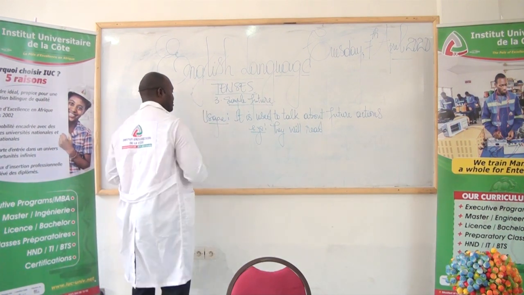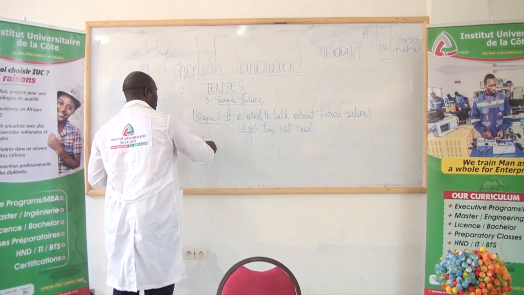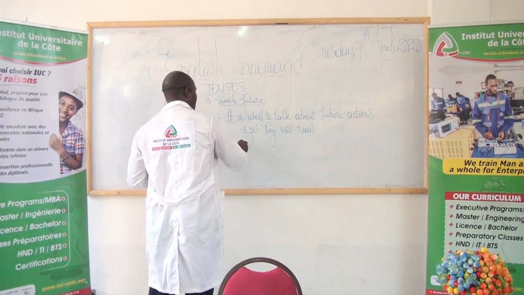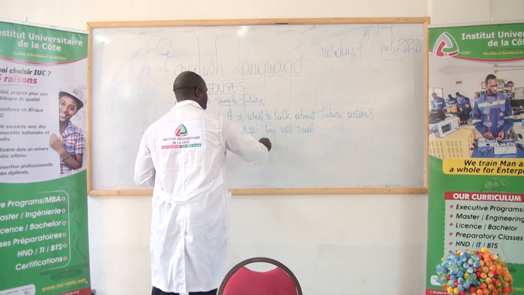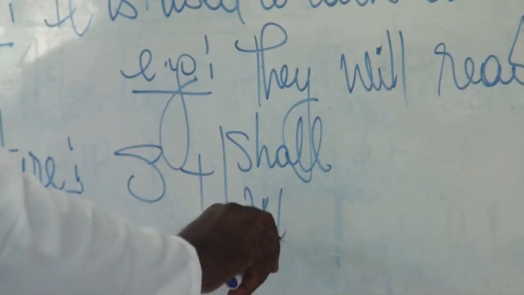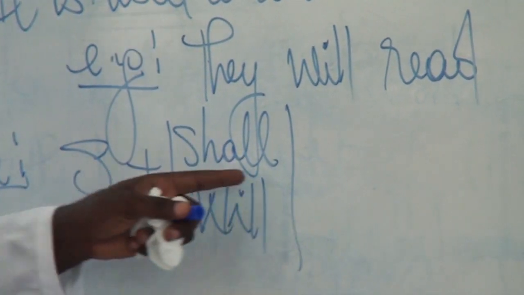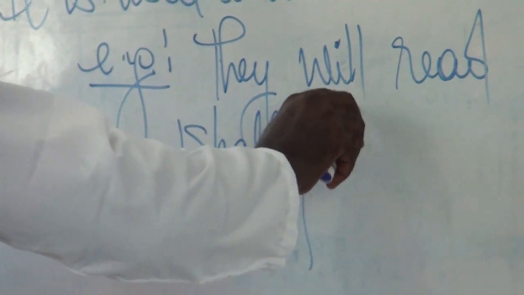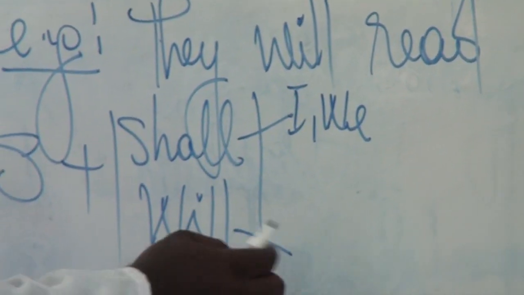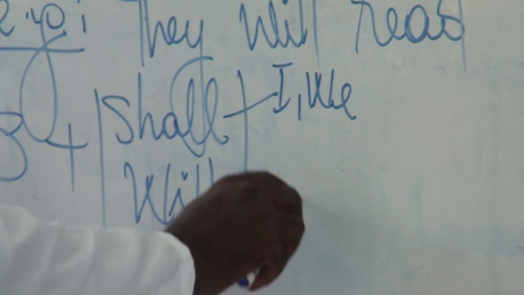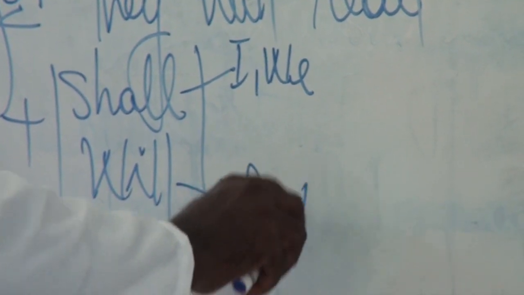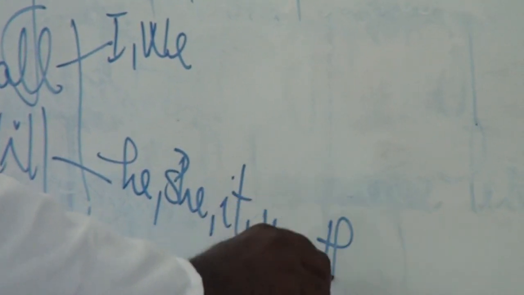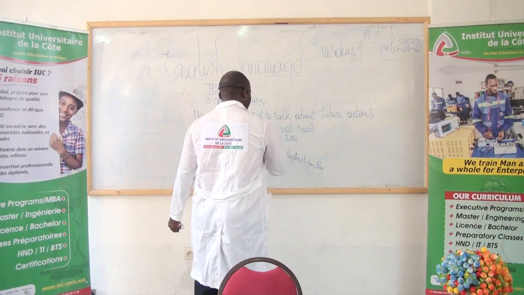Okay. Talking about the structure of the simple future, we have subject plus shall and will. We have to note that shall is used with the first person singular and first person plural, and will is used with other subject pronouns. We can have, for example, he, she, it, you, and they.